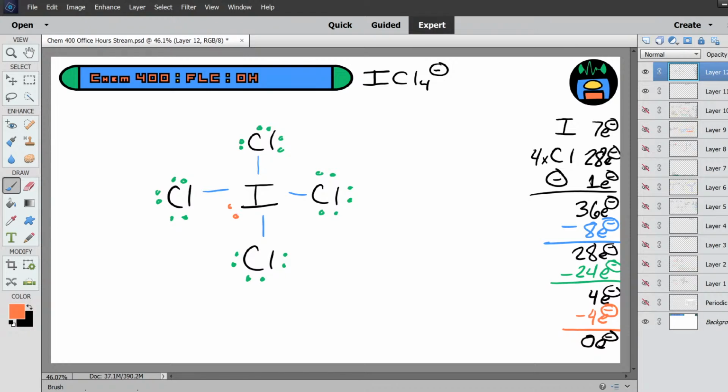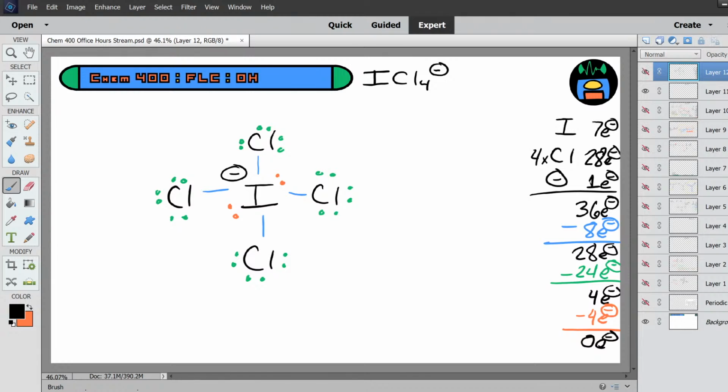So this is the correct structure of the molecule. In this structure, iodine bears a formal charge of -1, and so this is the correct Lewis structure. But I want to take a moment to show you why we want to give all the lone pairs to iodine and not spread them to our chlorines.